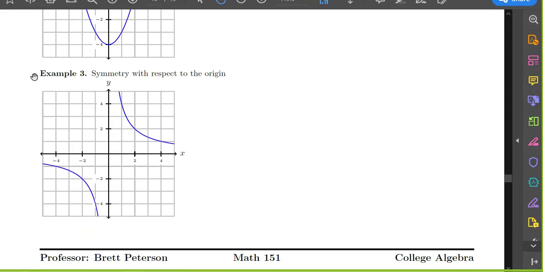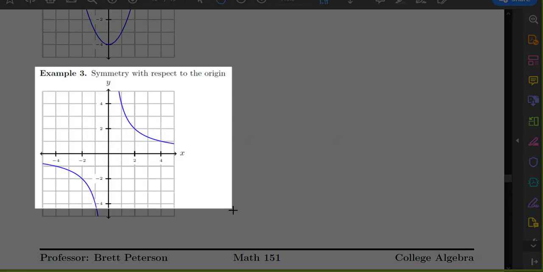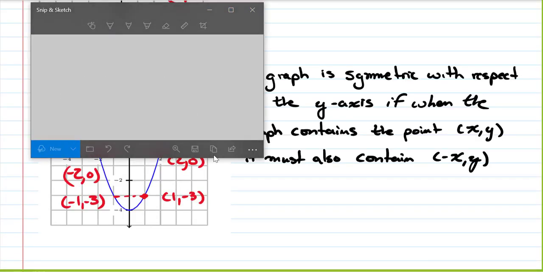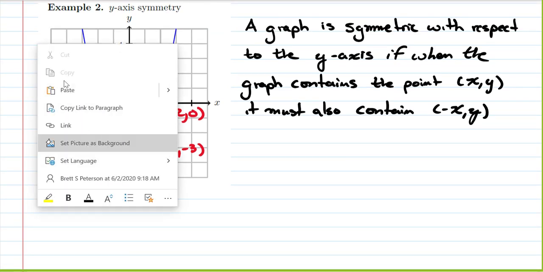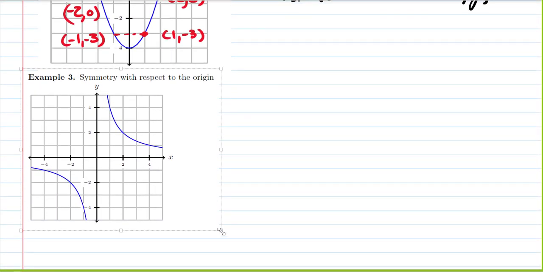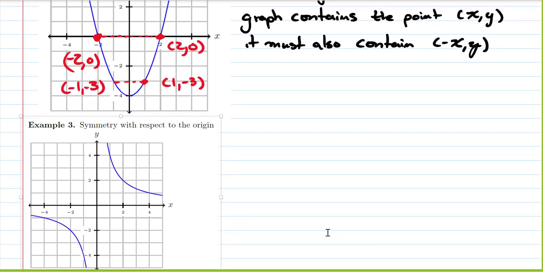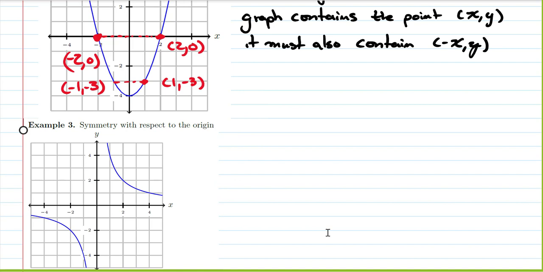Our next type of symmetry that we're going to have for example 3 is a different type of symmetry. Symmetry with respect to the origin is known as rotational symmetry. So unlike the previous two, if I fold the graph over either the x-axis or the y-axis, we'll notice that it doesn't land on itself.